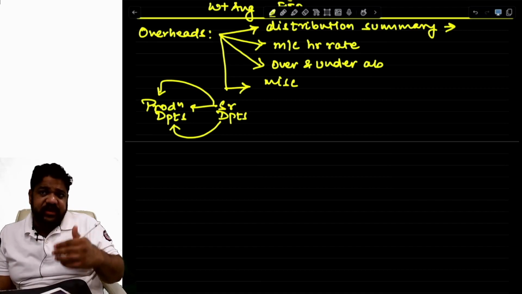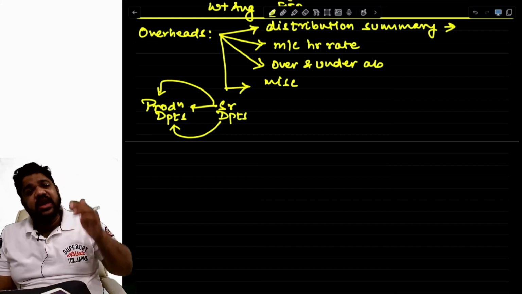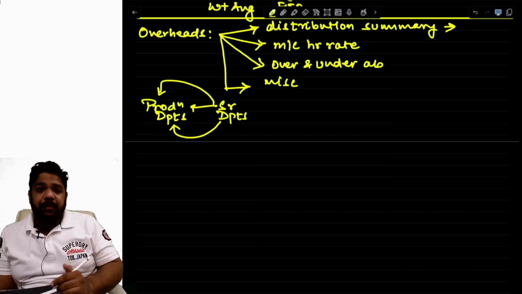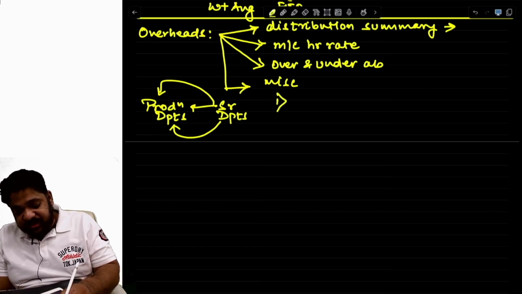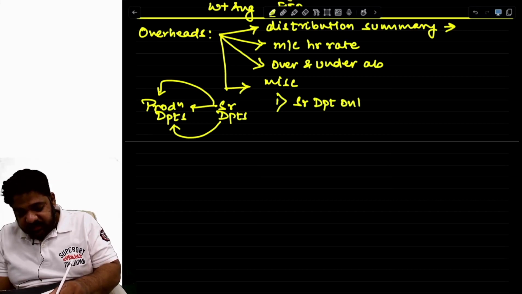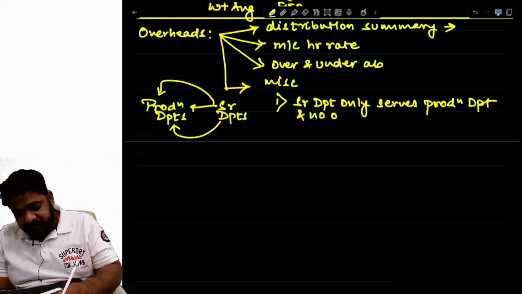While you're distributing the cost of the service departments to the production departments, there are a number of methods, and a number of assumptions. The first assumption is where the service department only serves the production department and no one else.